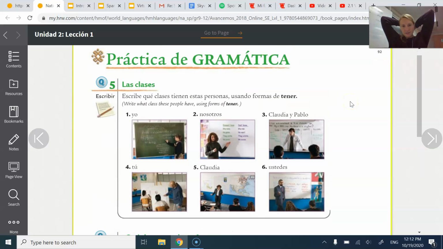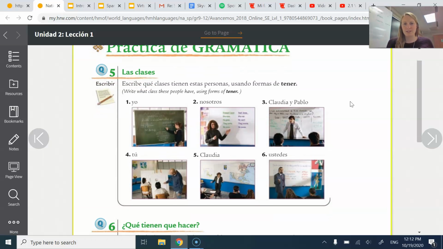So we have las clases. Las clases are on your page 86, so feel free to look at that as you're figuring out this presentation. It says, escribe qué clases tienen estas personas usando formas de tener. So we're figuring out what classes they have and using tener. So yo, and then that class. Let's do the first one together, and then you can try to figure out the last 5.